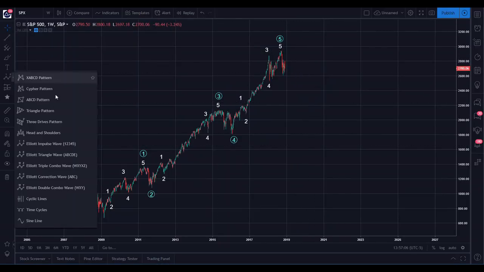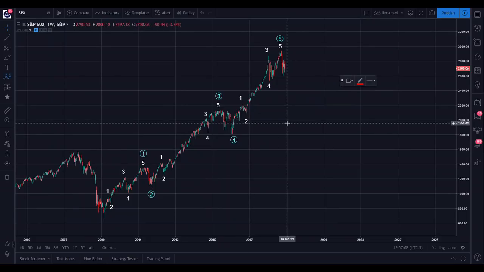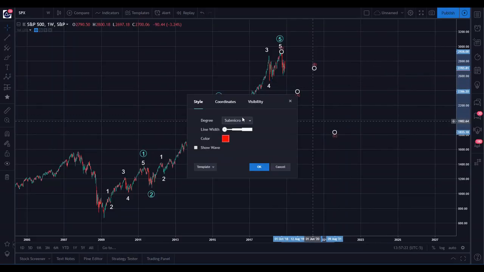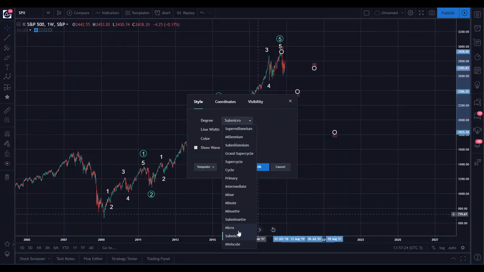So I will label that decline potential as an ABC. A, B, and C. Now, unlike cryptos, stock indexes, they climb very slowly and they fall very quickly.